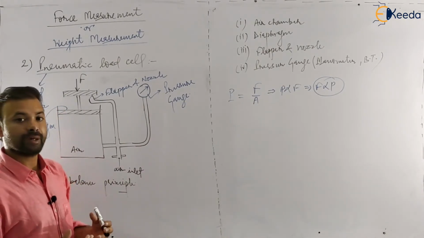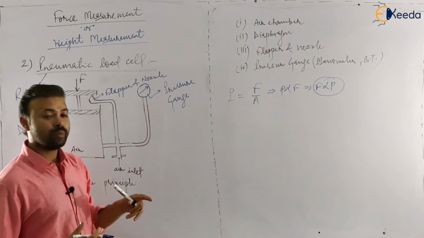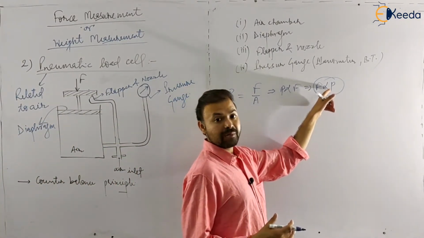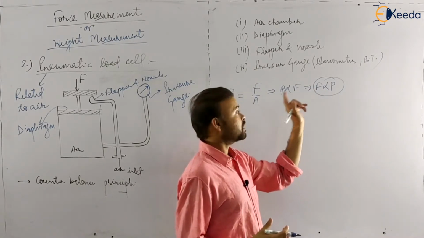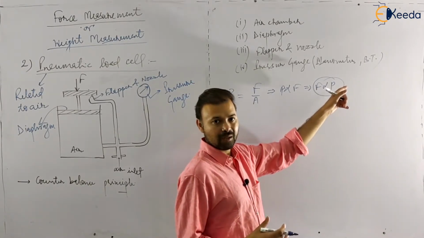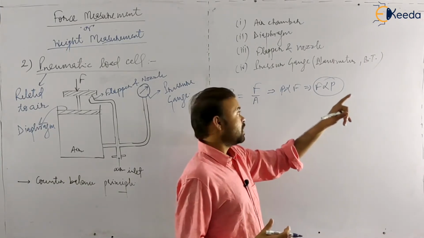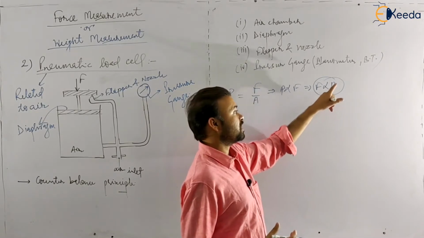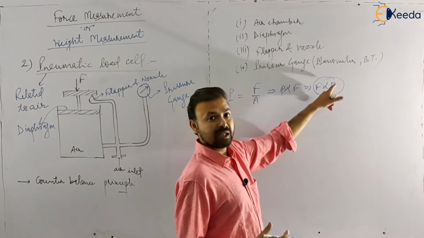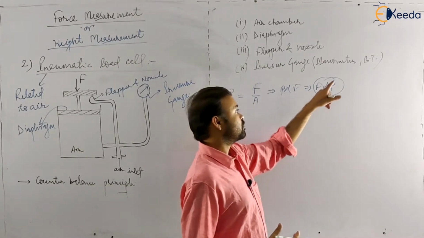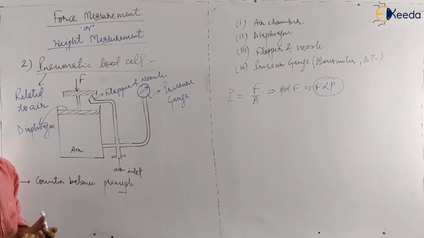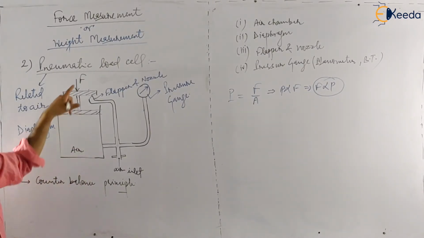That deflection will be proportional to force, because the air pressure measured by the manometer is proportional to the height of the manometric fluid, and force is proportional to pressure. So force will be directly proportional to the height. That change in height of the manometric fluid will give the force applied here.